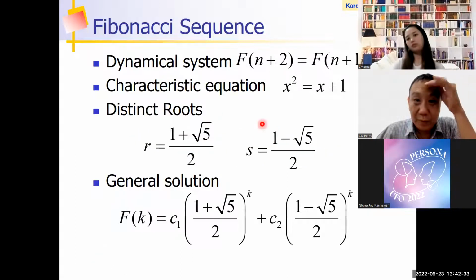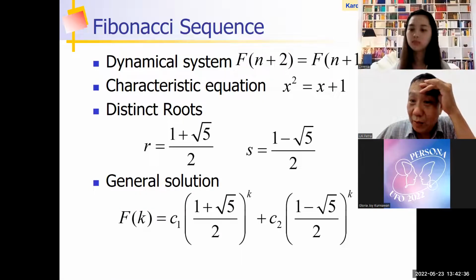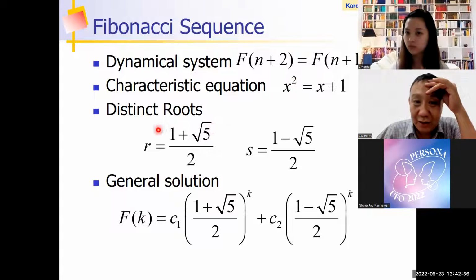And then how do you put this into the characteristic equation? Here, this becomes x squared, this is x, and then this is 1. Then you solve this characteristic quadratic equation here.